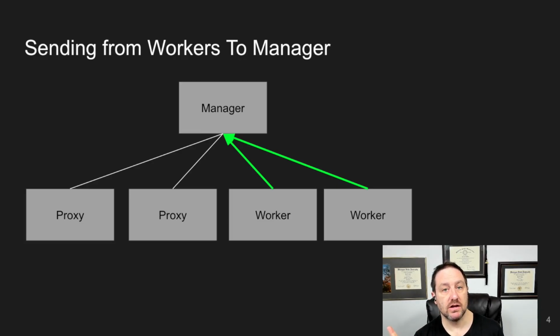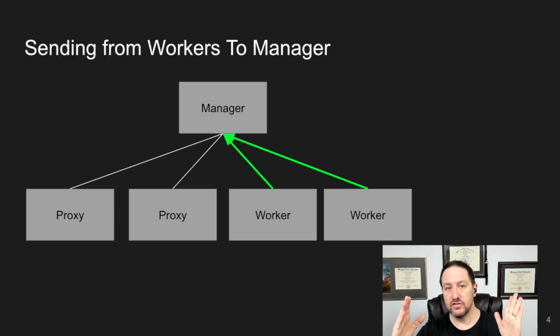The first way is sending from workers to the manager. This is where I'm showing you the green arrows. Let's say you see the CVE exploits go across the wire, and you want to store it someplace where it's all combined, so that later on you can do some processing or alerting on it.